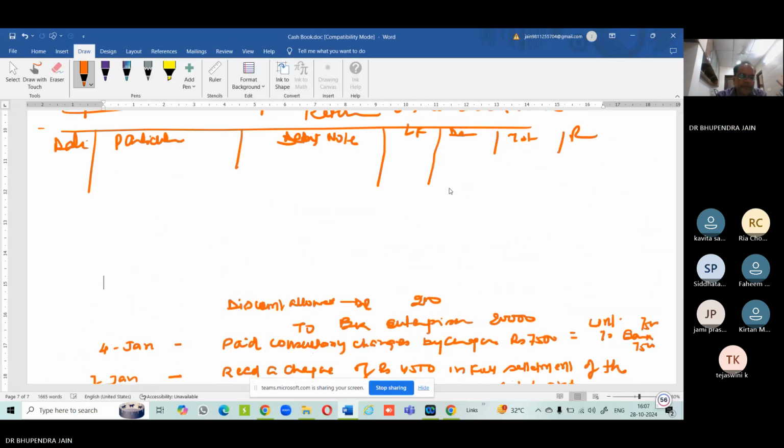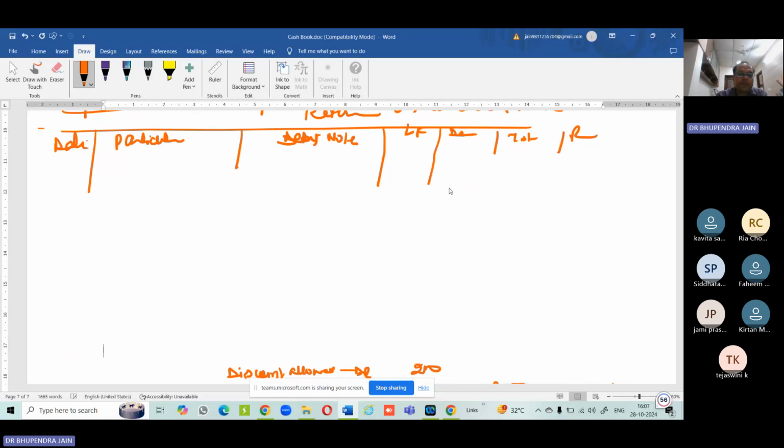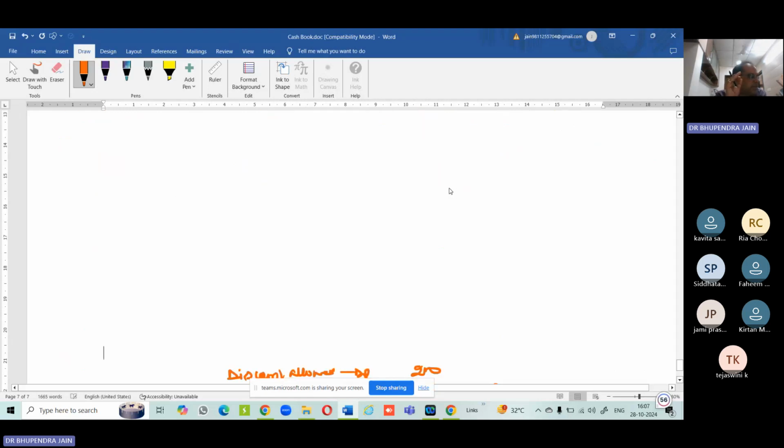So these are some basic subsidiary books. Okay. Two more books are given in your study material. Number first is the bills receivable book, and number second is the bills payable book. Bills receivable and bills payable mean sundry debtors and sundry creditors books. Whenever you sell goods, a debtor is generated, so we pass the entry in the books of bills receivable.